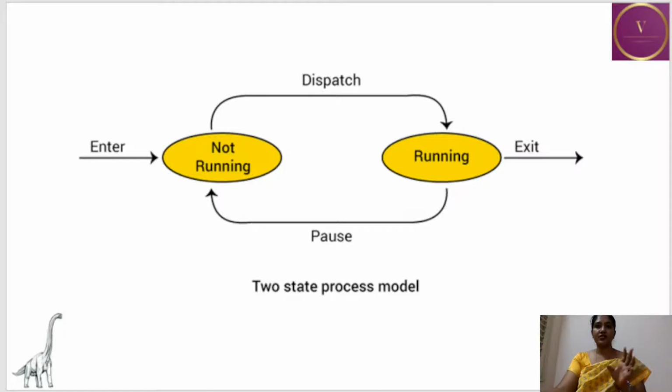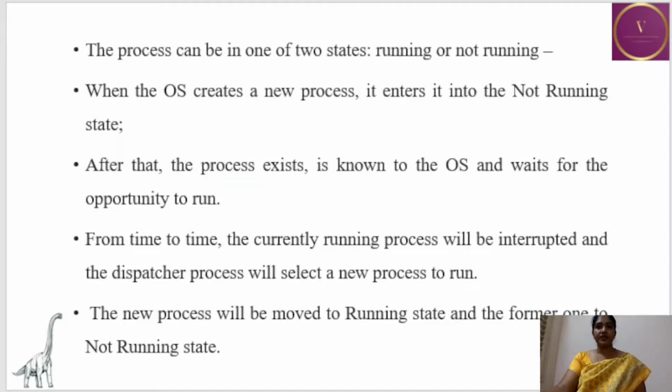When the process enters, it will be in a not running state, then it will go to the running state. The process can be in one of the two states, either running or not running, and when the OS creates a new process, it enters into the not running state.